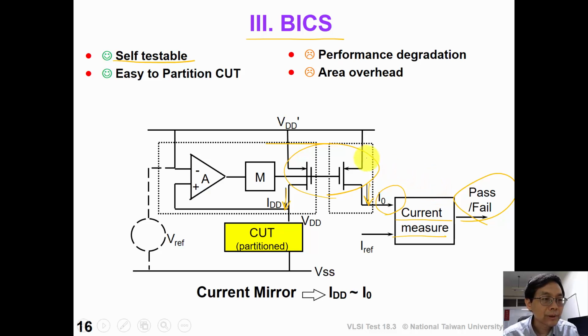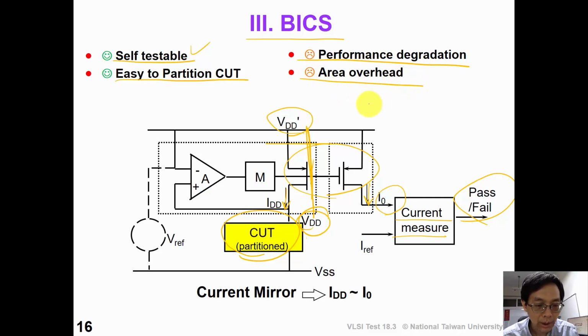The advantage of this built-in current sensor is that we can have built-in self-test of the chip, and we can also partition the CUT so that the background leakage current can be reduced. However, this built-in current sensor can result in performance degradation because the power supply here is not the real power supply, so there can be a voltage drop between these two power supplies. Also, we suffer from area overhead.